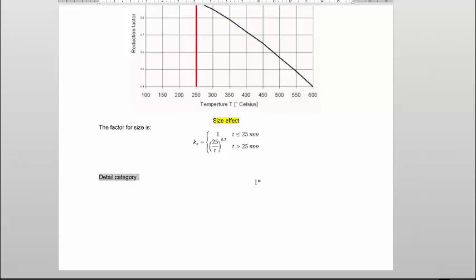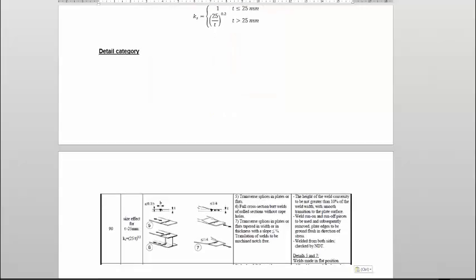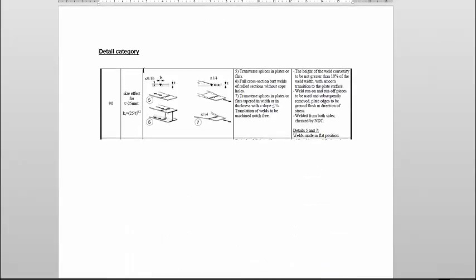And then what we can say is, let's put this on a new page, so that it's very nice and detailed. We can say, based on the information supplied, the detail category for this joint is 90. Right.